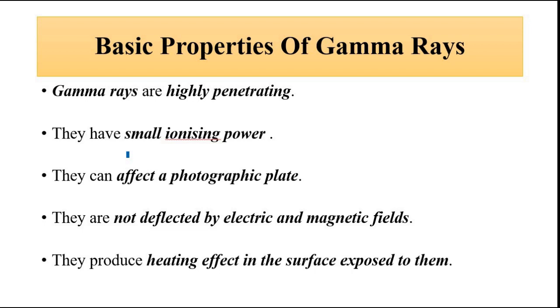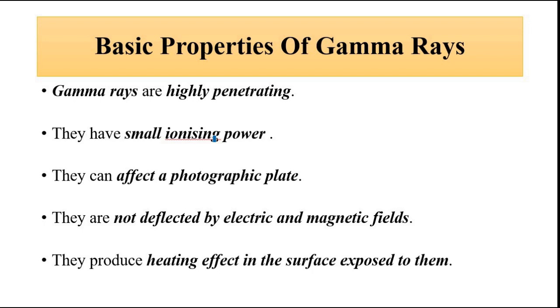This is called the ionizing power or ionization power of the electromagnetic waves. On the basis of that parameter, gamma rays have this property in very small amount. They don't cause ionization to that extent.